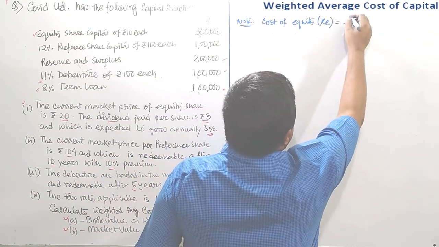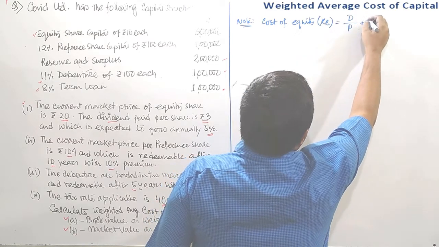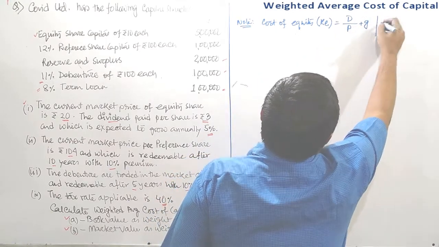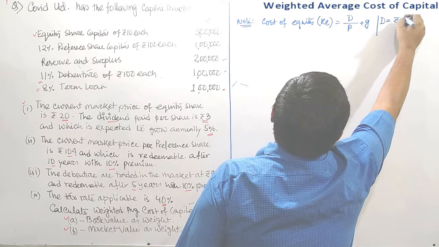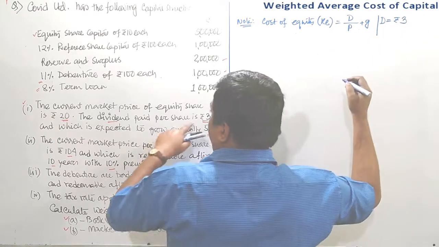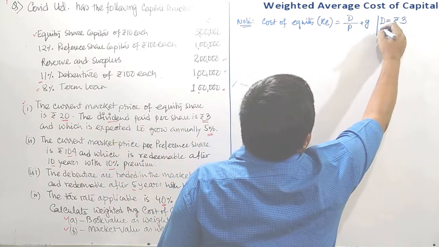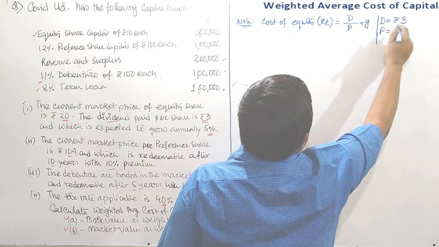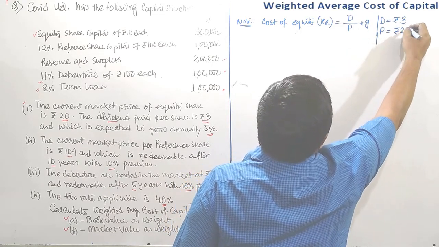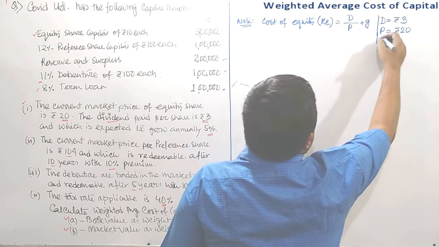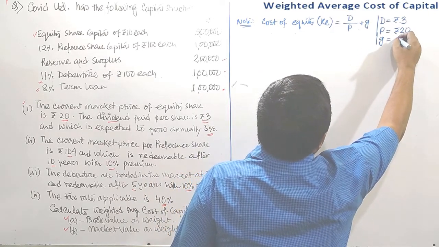Then we can plug in the formula D by P plus G, where D stands for dividend per share, rupees 3, P is market price per share, rupees 20, and G is growth rate, 5%.